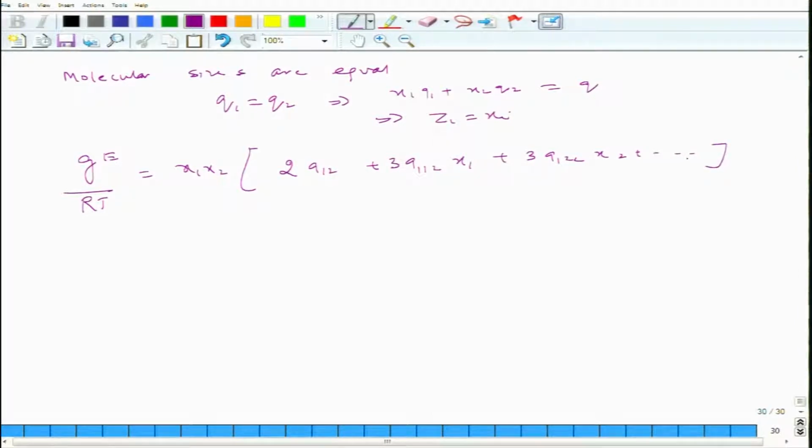So, this will continue. This should have been x1 x2 here, I think, yes, so two terms, and then x2 and the higher order terms of x1 and x2. You can come up with this expression containing only terms up to the 4th order of composition.